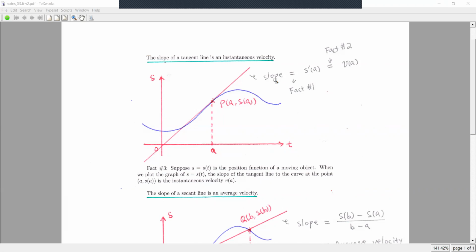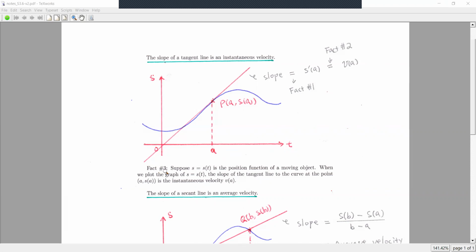Then the slope of this tangent line by fact number 1 is the derivative of the position function at A. By fact number 2, the derivative of the position function at the point A is the instantaneous velocity at A. Therefore, the slope of this tangent line is the instantaneous velocity of the moving object at the time A.